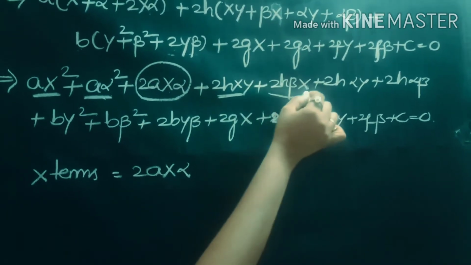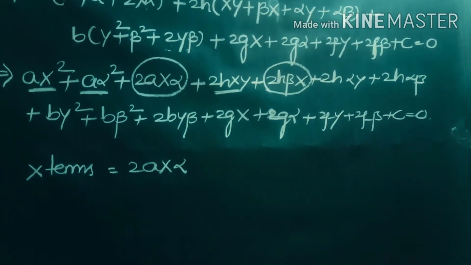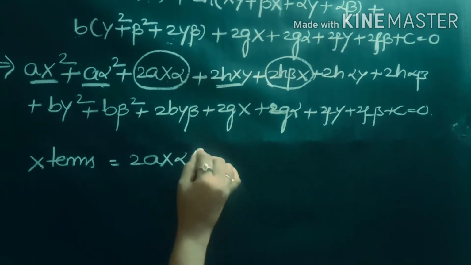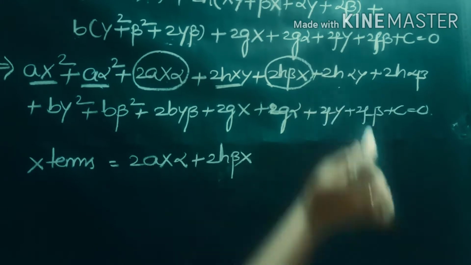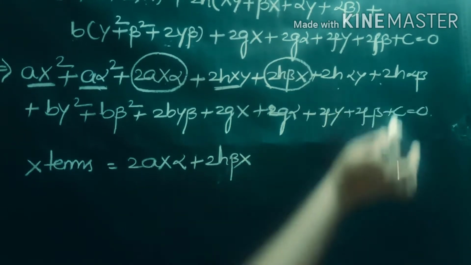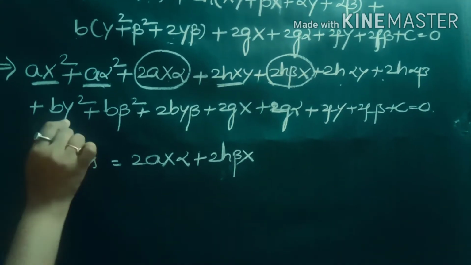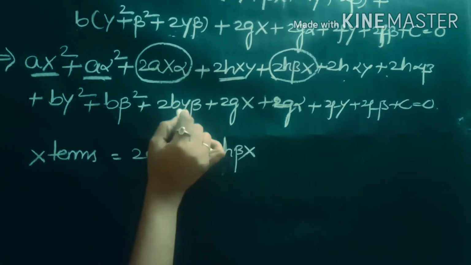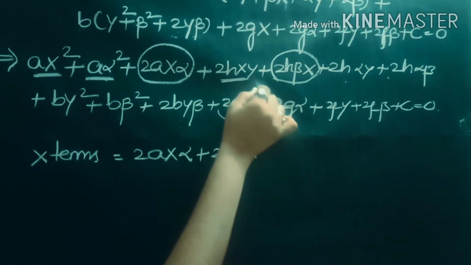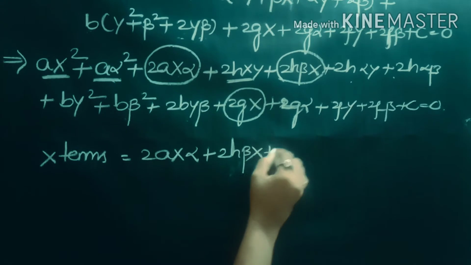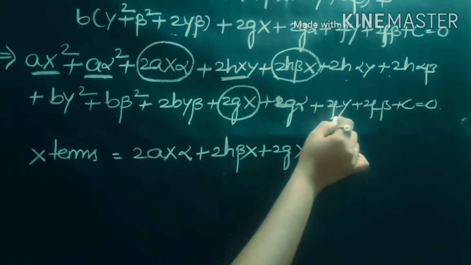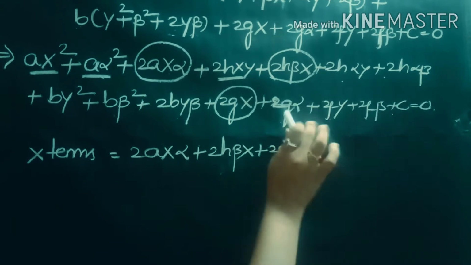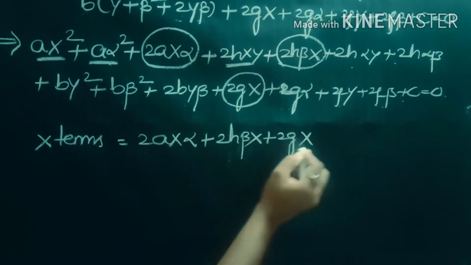And this is 2h beta x, again this is also an x term. 2h alpha y is not an x term. 2h alpha beta is not an x term. b y square, b beta square, 2b y beta are not x terms. Now this is 2gx, that is an x term. 2g alpha, 2f beta plus c are constants. Therefore these are the x terms.